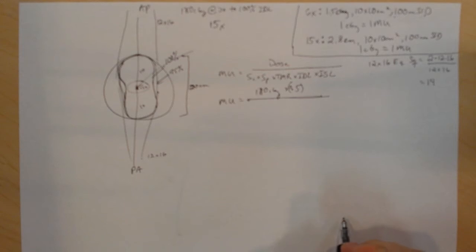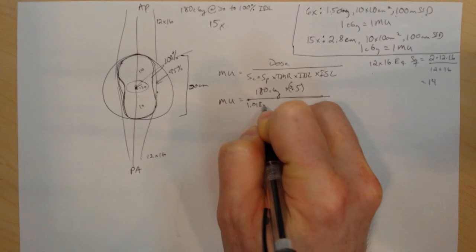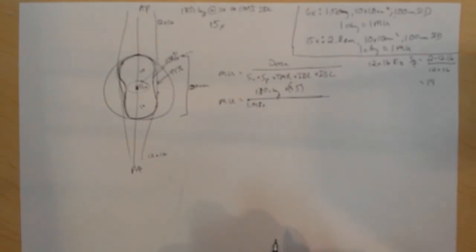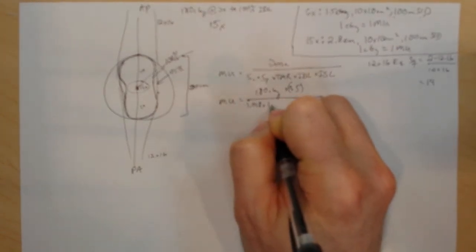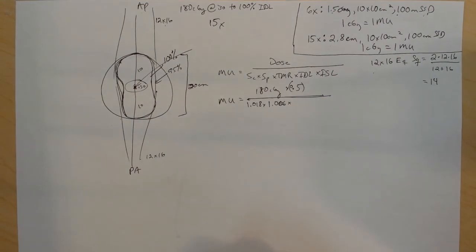So I'll say 14 is my equivalent square. I look up S sub C for a 14 field size, and it's right around 1.018. I look up S sub P for a 14 field size, and it's right around 1.006. I look up TMR for a 14 field size and a depth of 10.